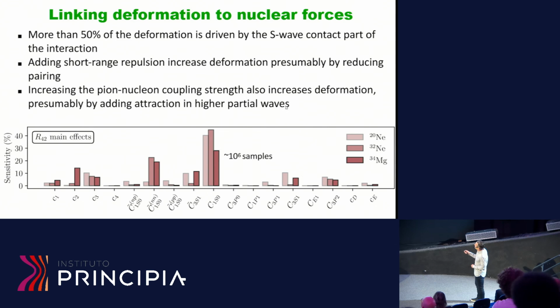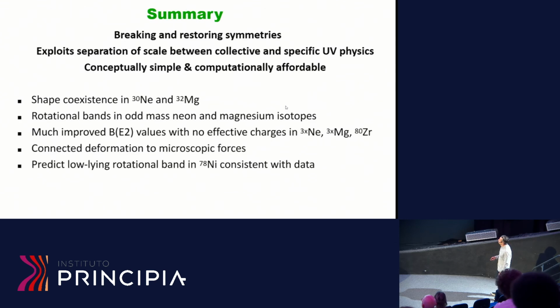We also see that the pi-nucleon constants here have some impact, and presumably it is by adding attraction in higher partial waves. So it's still a first step towards trying to link deformation to the underlying Hamiltonians that we employ from chiral effective field theory. There's still a lot of work to be done here, but I would say it's just the first step, trying to understand it on a more fundamental level.